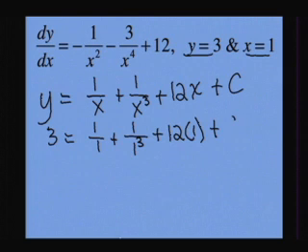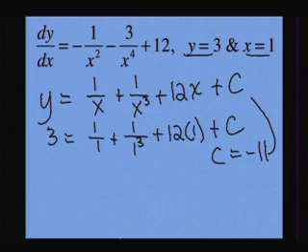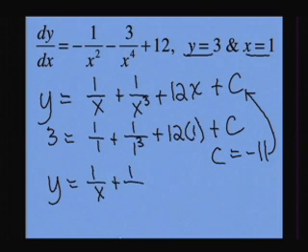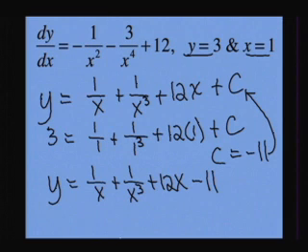That allows us to calculate the value of c, and in this particular case, we will find c is equal to -11, which I can substitute back into my general solution and get the specific solution of y is equal to 1 over x plus 1 over x cubed plus 12x minus 11.